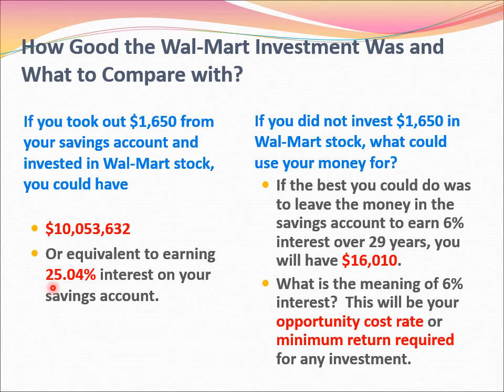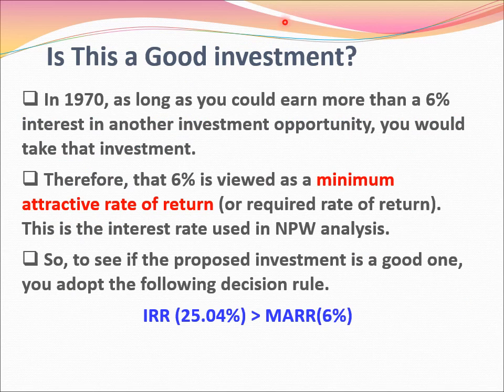Otherwise, if this earning rate is less than this, then you will go with the second alternative. So this 6% is actually your MARR, your comparison criteria for this example. Okay, so this 6% is the minimum attractive rate of return for this calculation.